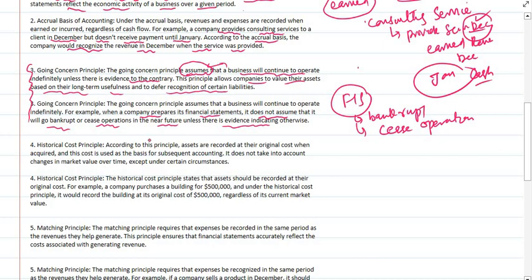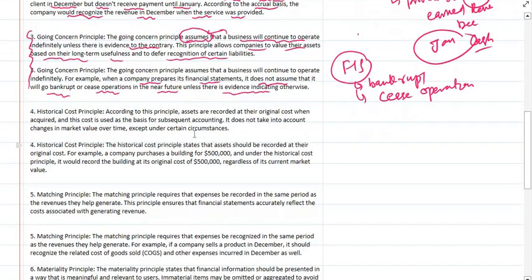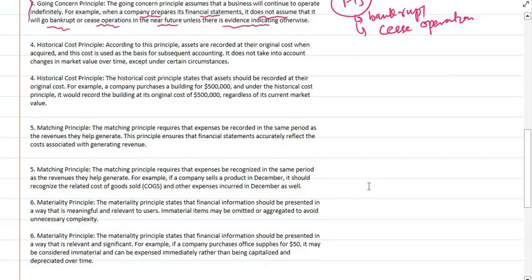Now let's move on. We have another very interesting one, that is the historical cost principle. According to this principle, assets are recorded at their original cost when acquired, and this cost is used as the basis for subsequent accounting. It doesn't take into account changes in the market value over time except under certain circumstances.